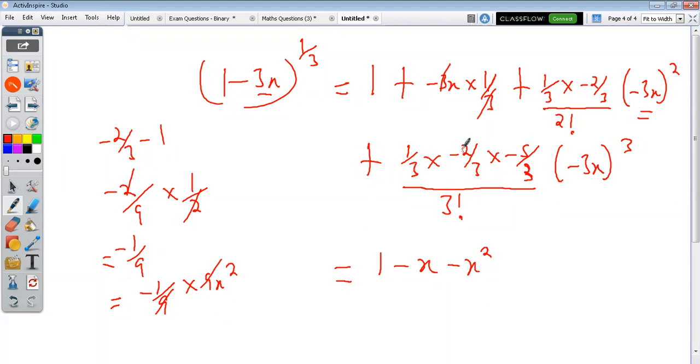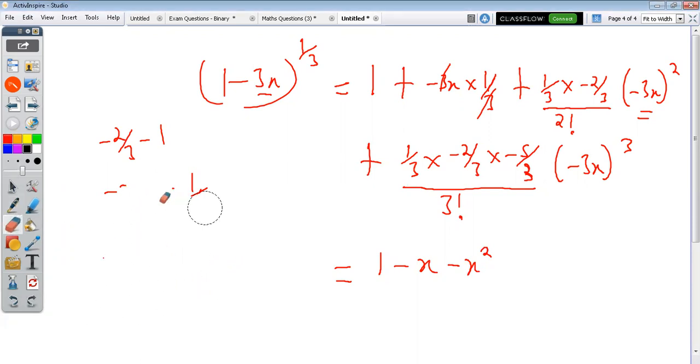Then do this in a calculator here. 1/3 multiplied by negative 2/3 multiplied by negative 5 over 3 divided by 3 factorial. What do you get? 5 over 81.